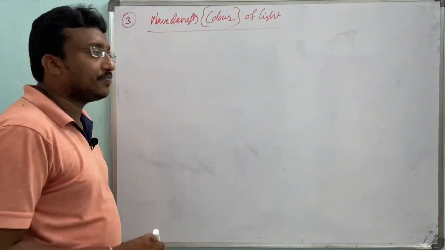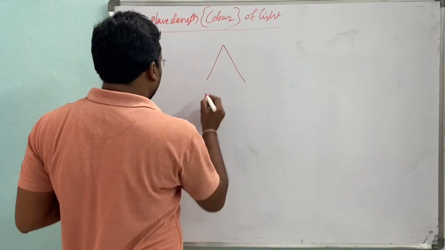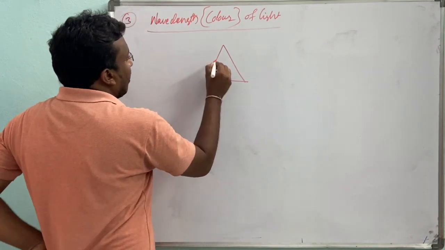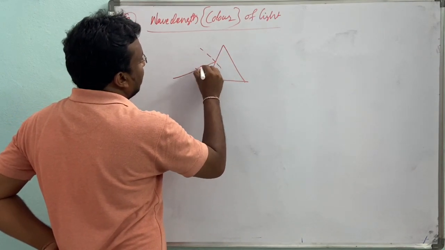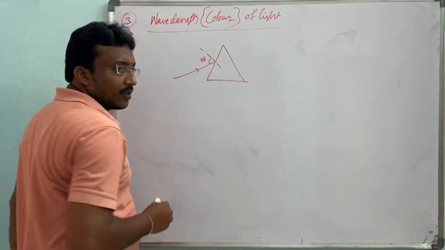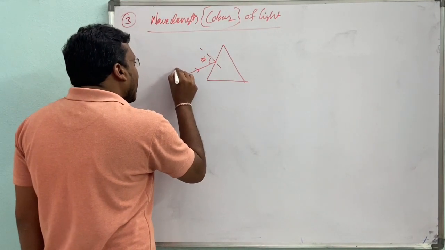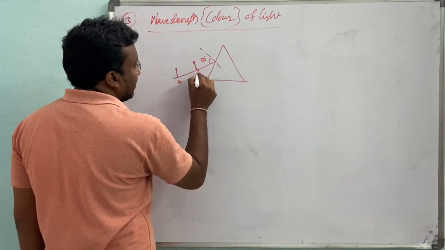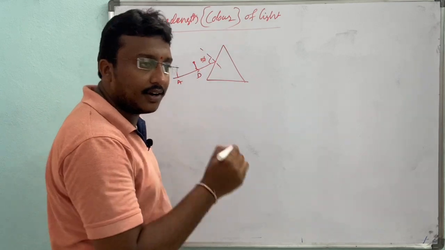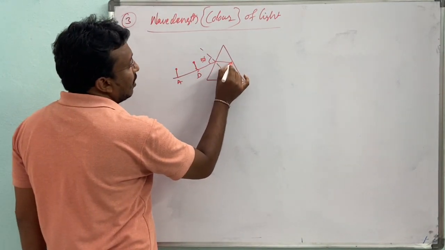In this case, take a prism and set a certain angle of incidence, for example 50 degrees. Here use red colored pins and complete the activity.